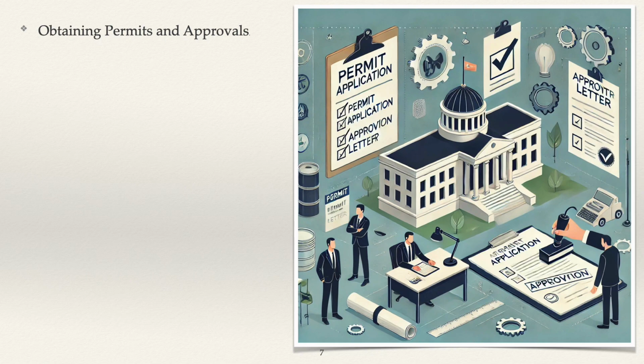G. Store area. Permission must be obtained from local authorities to establish a temporary camp or store area, even if the property is privately owned. Relevant documents must be submitted as part of the approval process. H. Office and camp establishment. Permission and prior intimation must be provided to the relevant authorities for setting up offices and establishing staff camps.